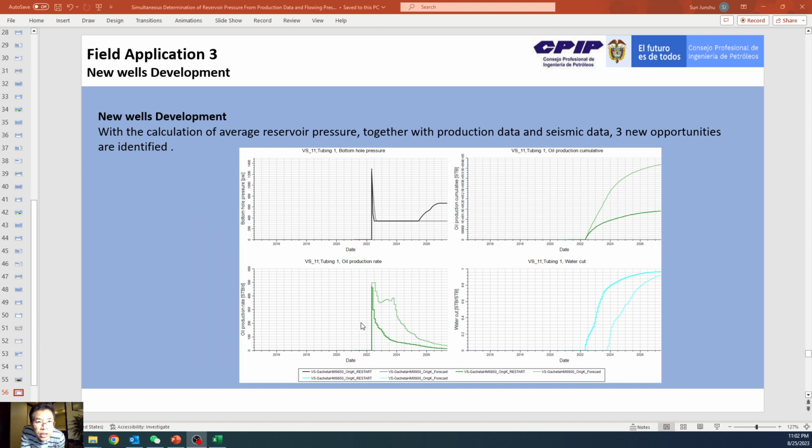We could get an initial rate at around 400 to 500. And the BSW expected from 2024 with a cumulative production exceed 300,000 barrels.